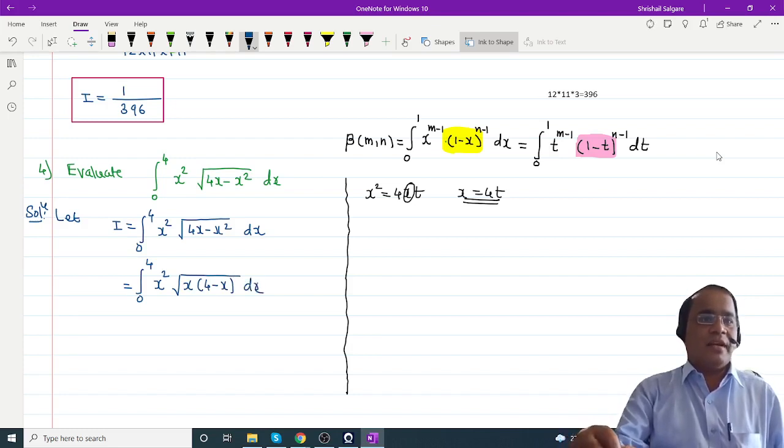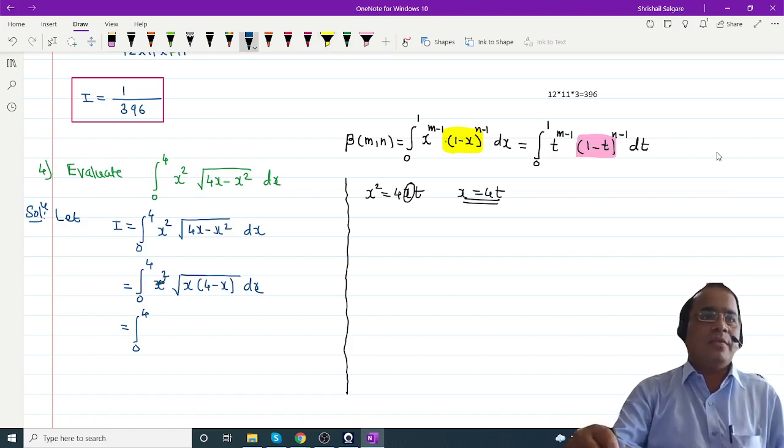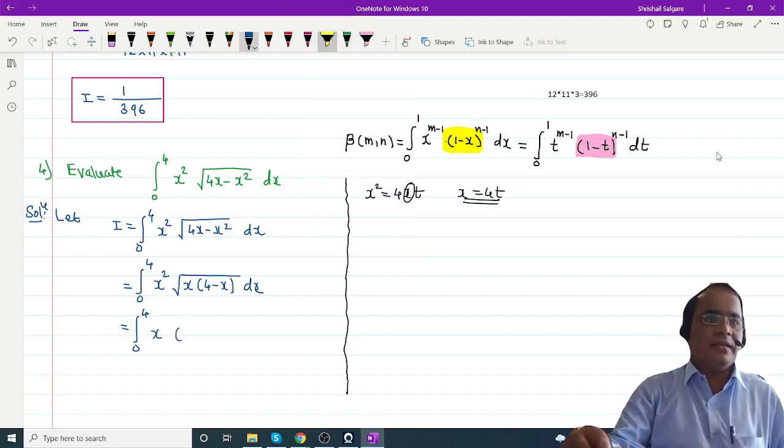So what it will come, integral 0 to 4. I will collect the terms of x together. What will be the power then? X raised to, and the second one is 4 minus x. Only two factors are there.